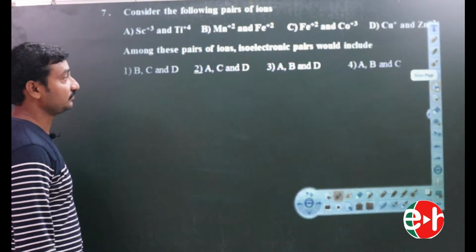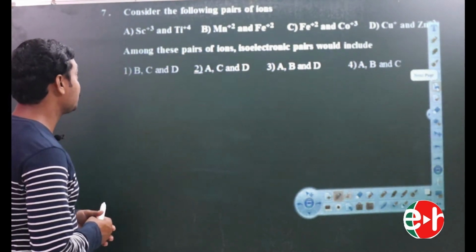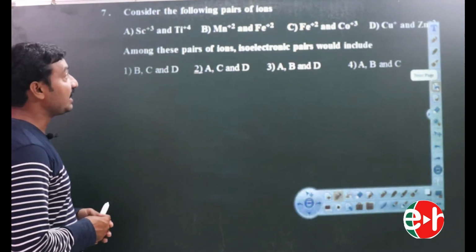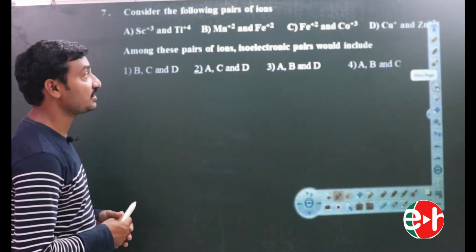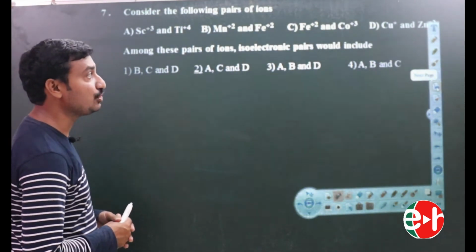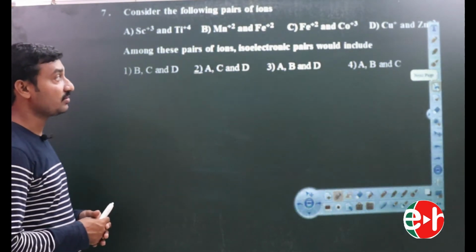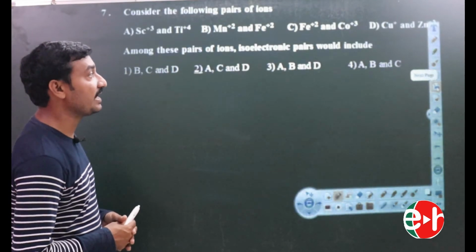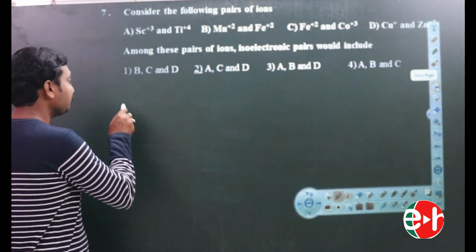See this. Consider the following pairs of ions: option A, Sc3 plus and Ti4 plus; B, Mn2 plus and Fe2 plus; C, Fe2 plus and Co3 plus; D, Cu plus and Zn2 plus. Among these pairs of ions, the isoelectronic pairs would be... you know, isoelectronic means what?